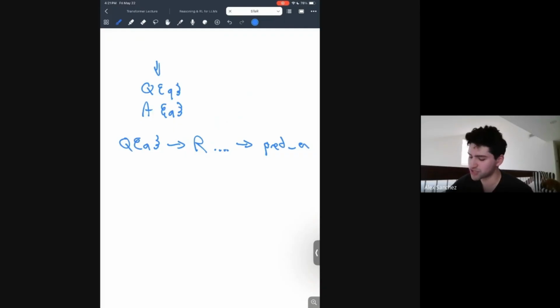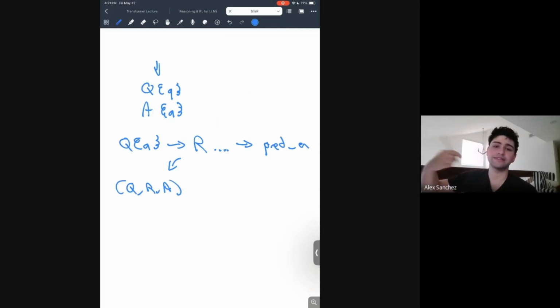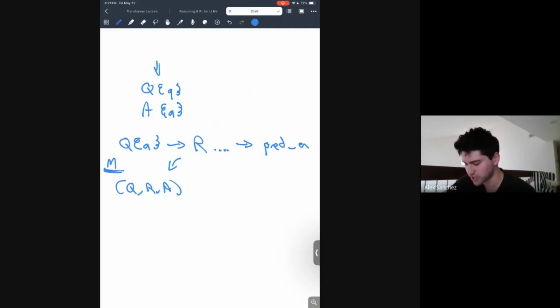And what we do here is we check if the predicted answer is equivalent to the actual answer, then we save this as an updated data set of question, rationale, and answer, like a tuple, you can think of it that way. So that in the next step, we fine-tune the same base model on this data set. So then it starts explicitly learning reasoning, or learning to reason to achieve an answer.